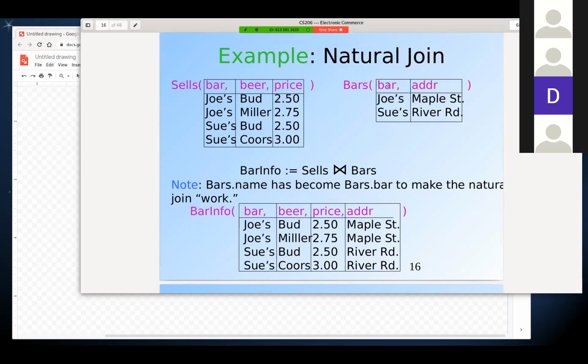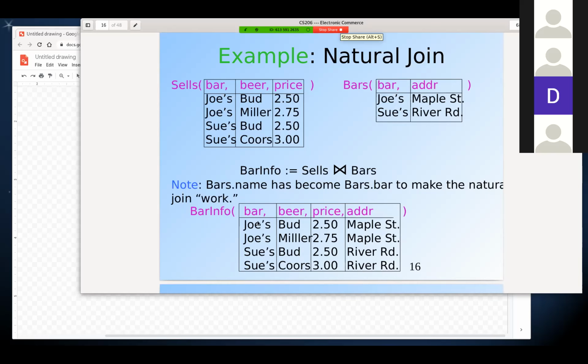When you do natural join, attributes with the same name have to equal each other on the join. Since they're duplicated names, you can project out one of them. So the attribute bar is not repeated as it would be in a theta join. It's a convenient way of doing things.